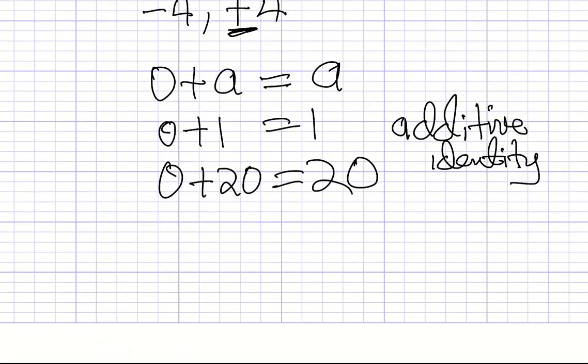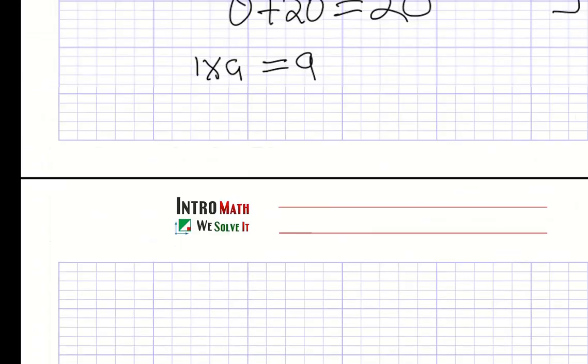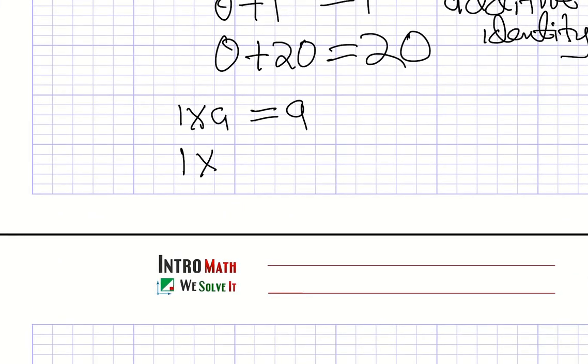Okay, and then 1 has the same property. Let's say you say 1 times A, what do you get? You get A. It doesn't change that thing. It leaves the number unchanged. For example, 1 times 2 is 2. It doesn't change 2, right? 1 times 4 is 4. It doesn't change 4.